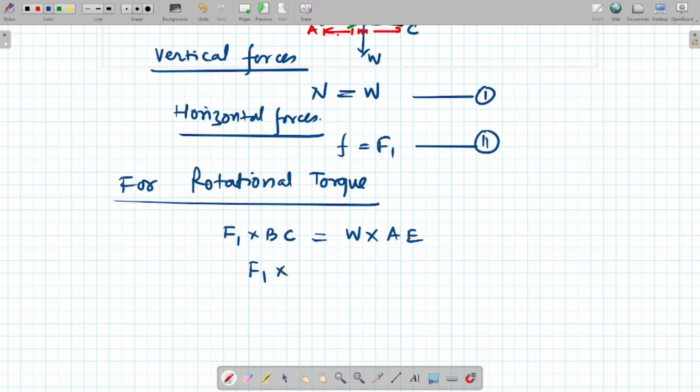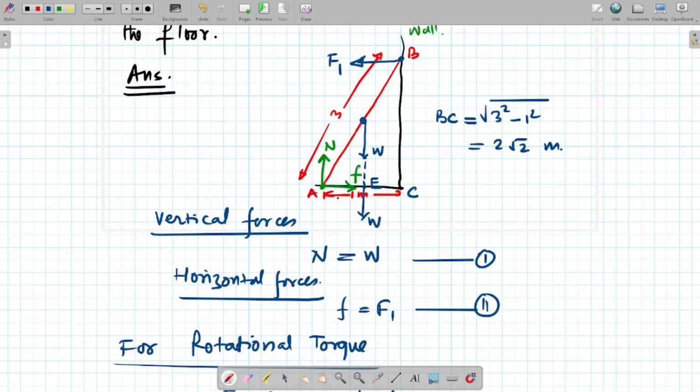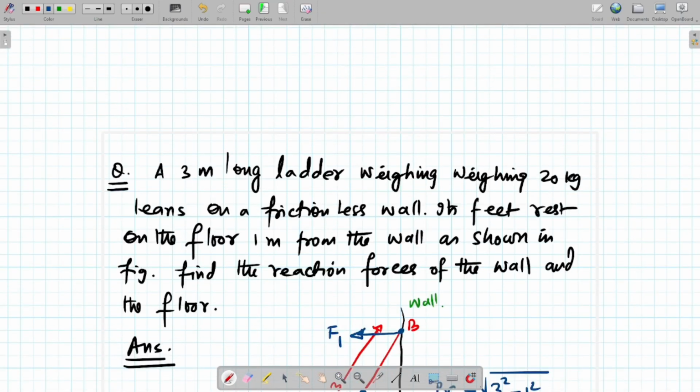Okay, so let us just simply write down the values now. F1 multiplied by 2 root 2 equal to W. What is W? 20 multiplied, और 20 को हम और क्या कर सकते हैं? 20 ग्राम है ना, केजी है ना, जस्ट अ मिनट, 20 केजी राइट? हाँ करेक्ट. सो 20 केजी.